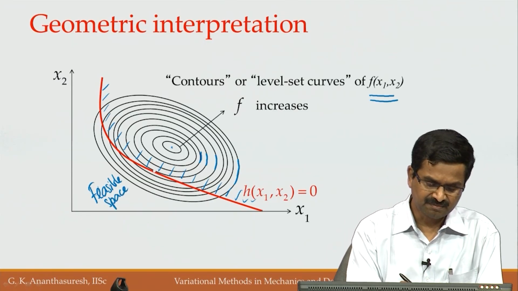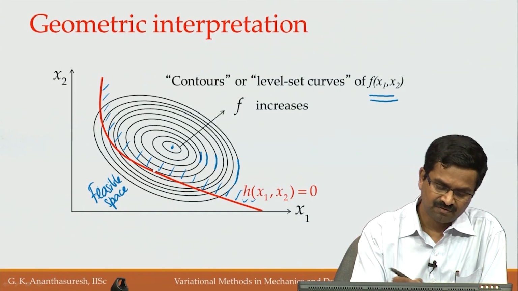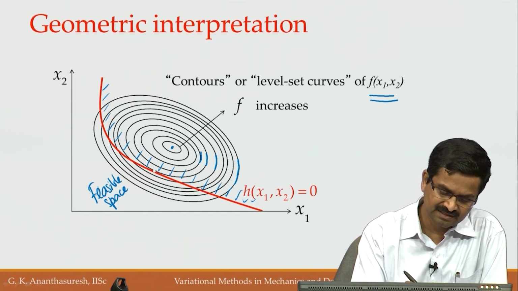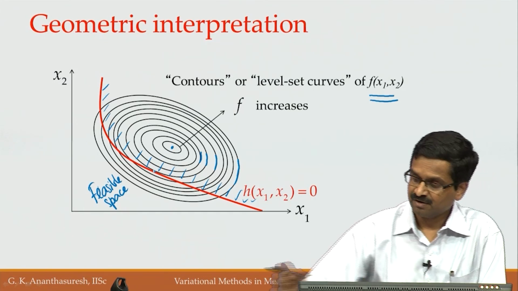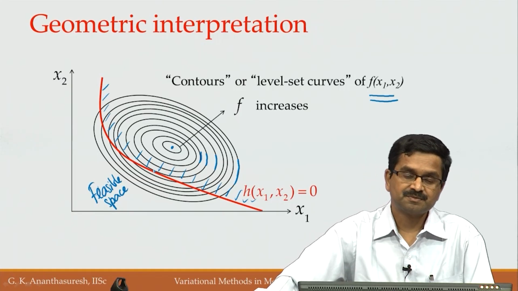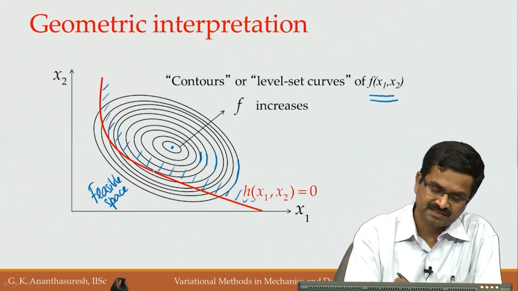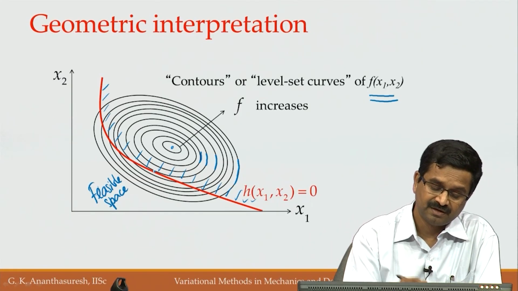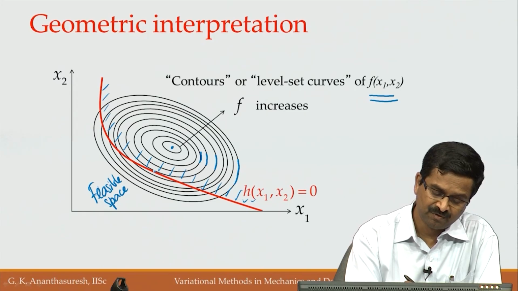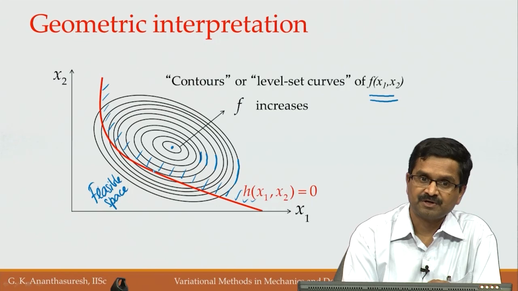Then the unconstrained minimum is not accessible to us, we would keep on increasing. When you come to a particular point, we realize that that is the smallest f, because f increases as we go away from here. So, that is the smallest. If we move a little bit further into feasible space, then I would increase my objective function.